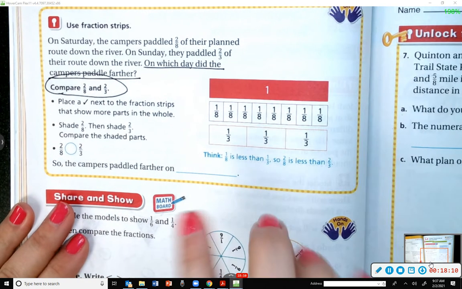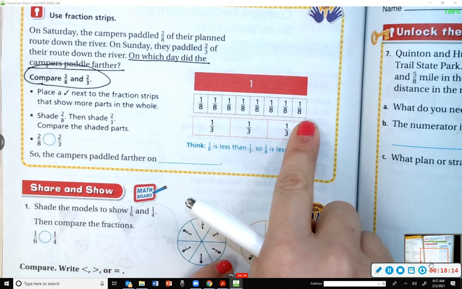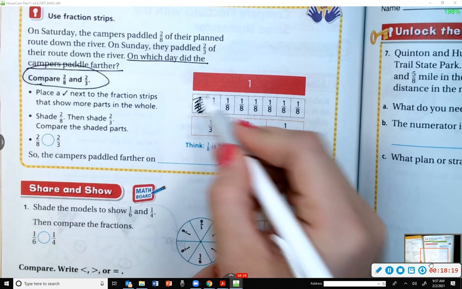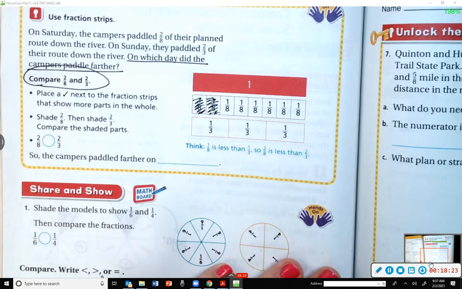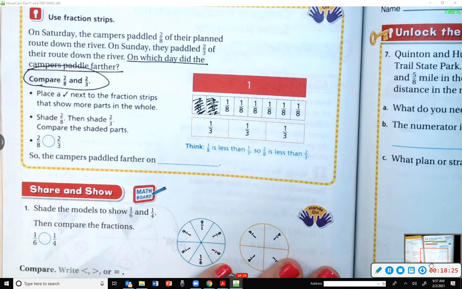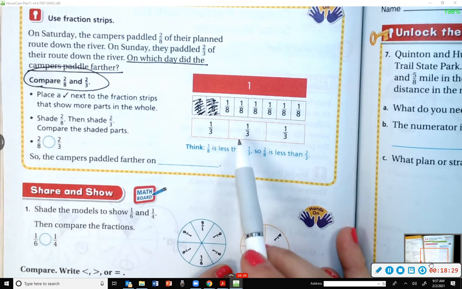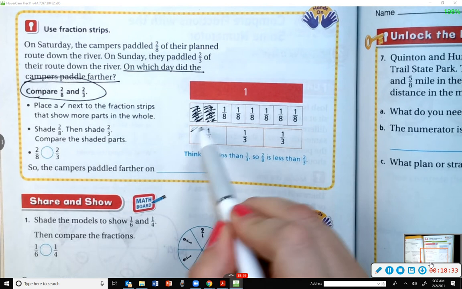So let's shade our fraction strips. Javea, how many should I shade for the 8s? 2. You guys don't have to shade it in super dark. Just lightly shade over it. Okay, and then how many should I shade here, Bryson? 2.